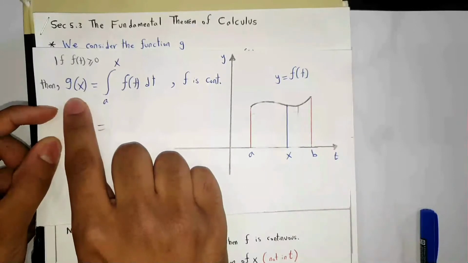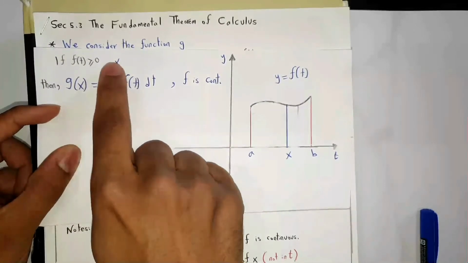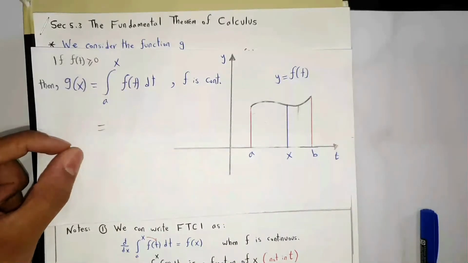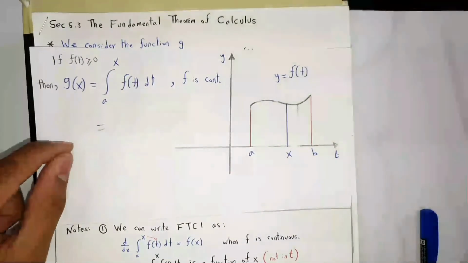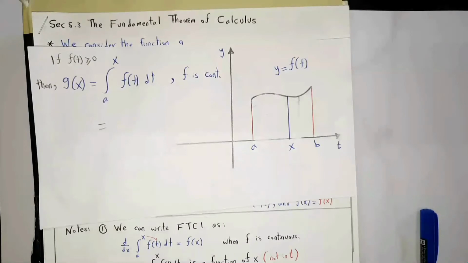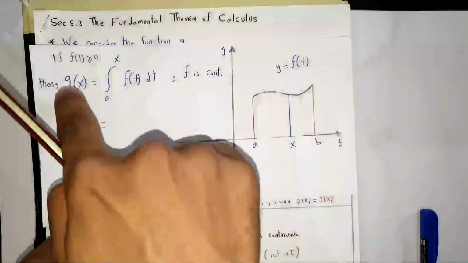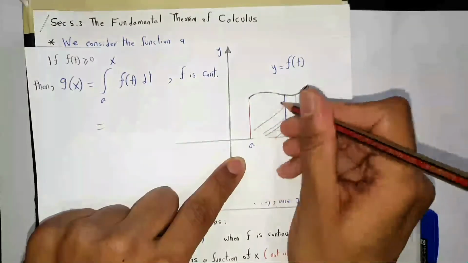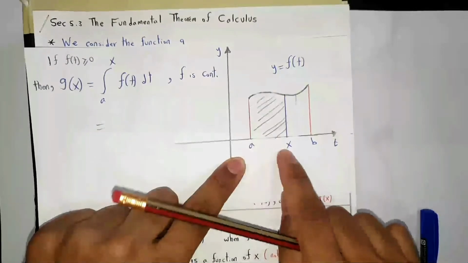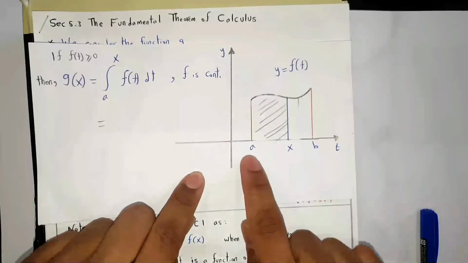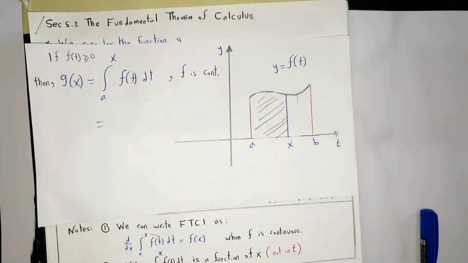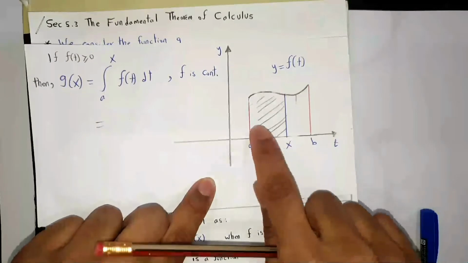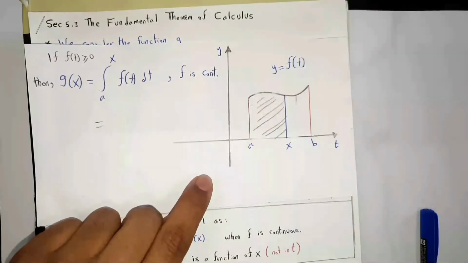The function g of x is defined this way, where f is continuous. So we can see that if f of t is positive or 0, then g of x will represent the area under the curve from a to x, where x is moving between a and b. Clear? If x is changing, then the area will be changing as well.